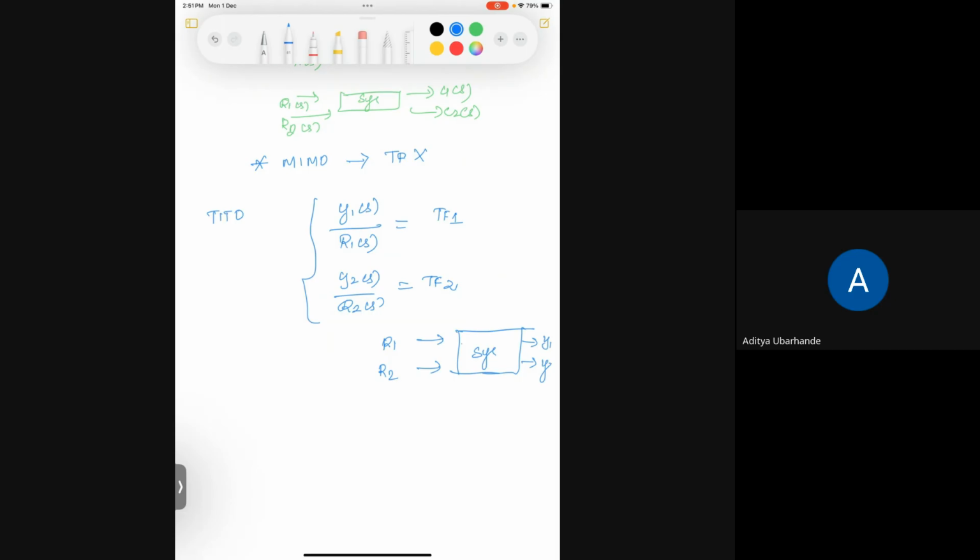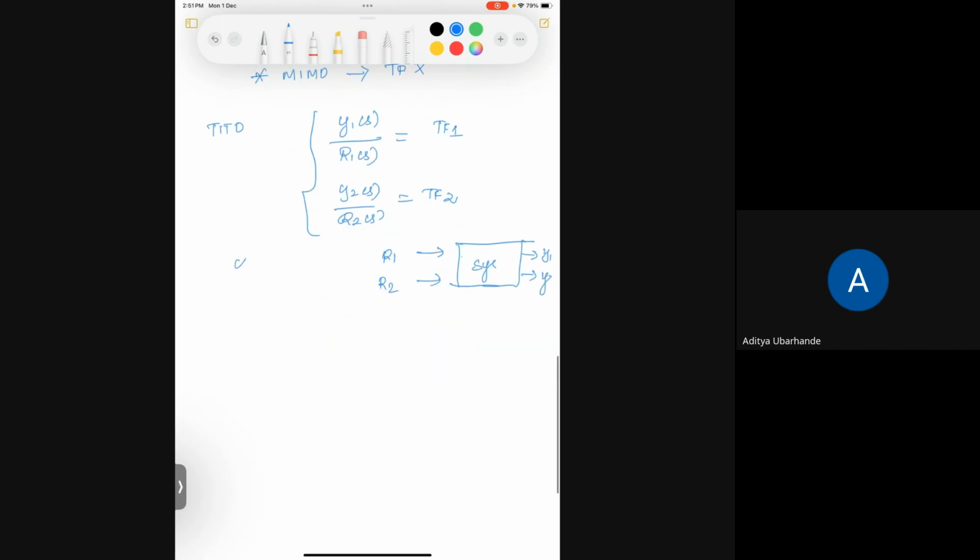But ma'am, this also assumes that Y1 is in no way affected by R2, right? Yeah, that's what I was trying to get at. So you might also need to analyze this if I didn't give that assumption. This will also be a point of concern here.